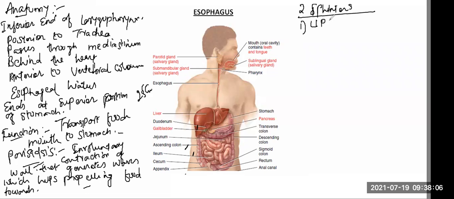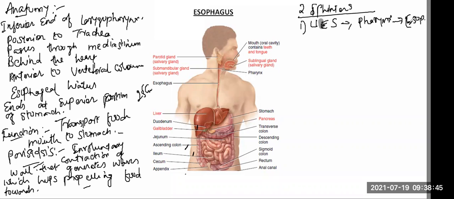Let's abbreviate it as UES, upper esophageal sphincter. It guards the movement of food from your pharynx to the esophagus.